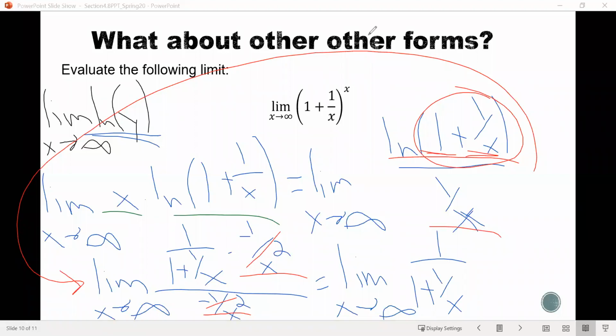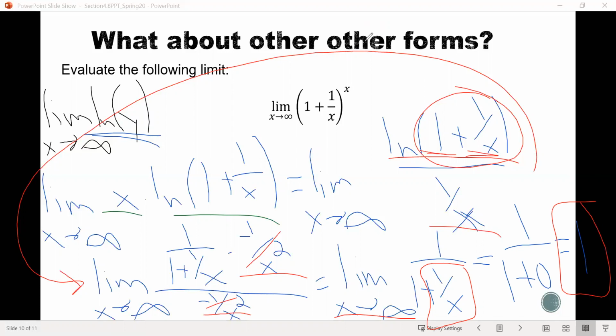Here now we see that the only thing that has an x in it is this 1 over x right here. And the limit of that as x goes to infinity is just 0. So we end up with 1 over 1 plus 0, which is just 1. Okay? So there we were able to incorporate a little bit of that logarithmic differentiation in with our L'Hopital.